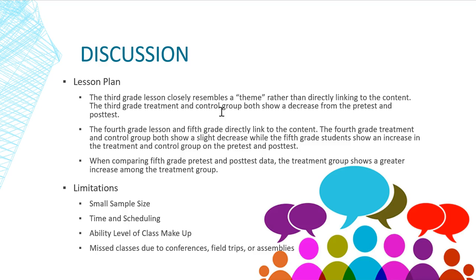The fifth grade lesson was designing an electromagnet, and that one related directly to the content, and I think students were able to achieve more on the test because they were actually building an electromagnet. It wasn't a theme of a turtle, or like the fourth grade lesson, they showed a slight decrease, while the fifth grade showed a slight increase in the treatment and control group on the pre-test and post-test.